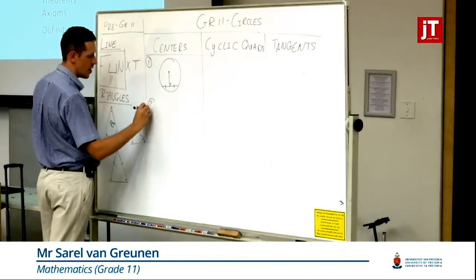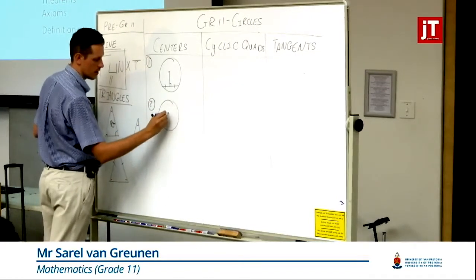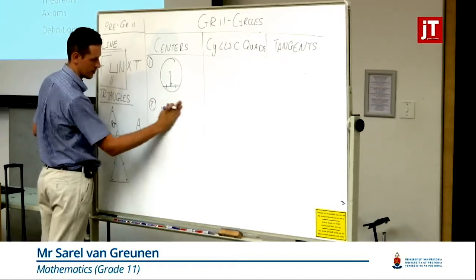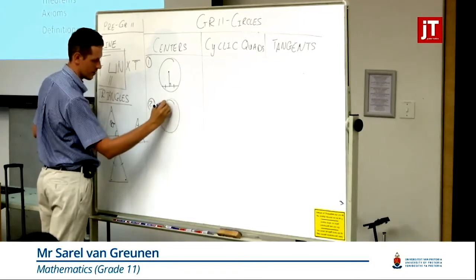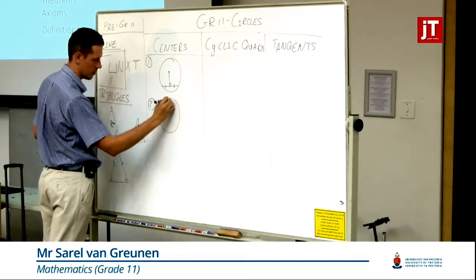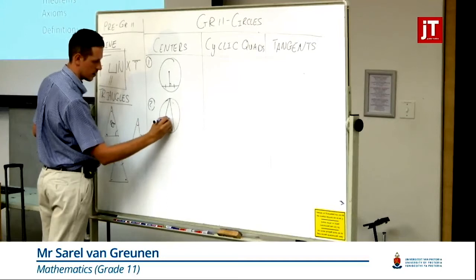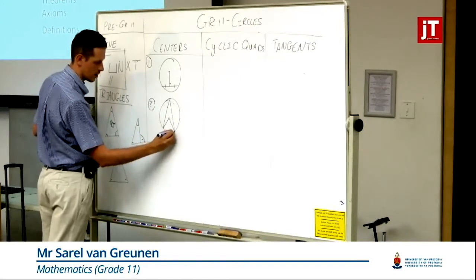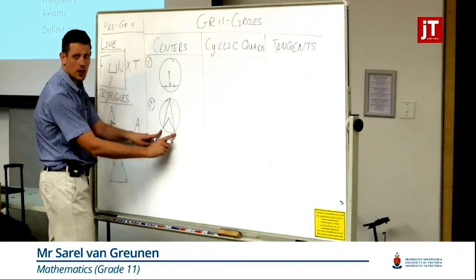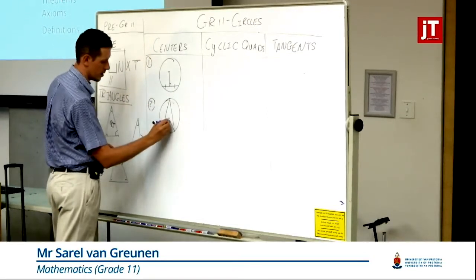The second theorem, I'm struggling with my circles today. The angle at the center is twice the angle at the circumference.